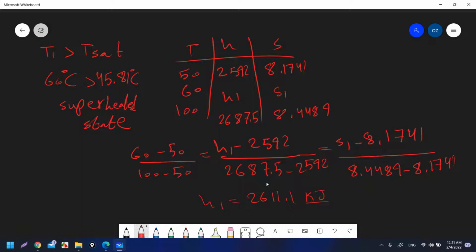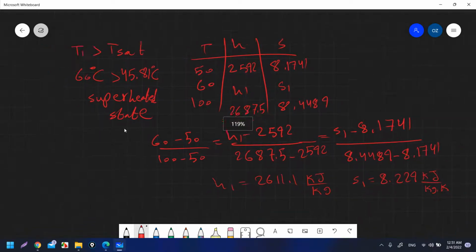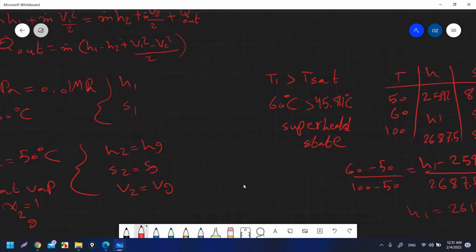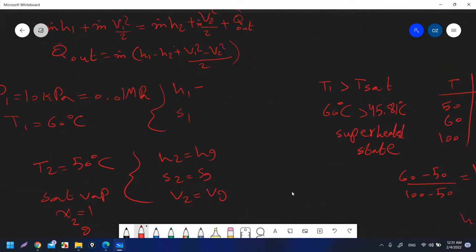Kilojoule per kilogram, and S1 is 8.229 kilojoule per kilogram Kelvin. Okay, that is for state 1. So I got H1 2611.1 kilojoule per kilogram, and S1 is 8.229 kilojoule per kilogram Kelvin.